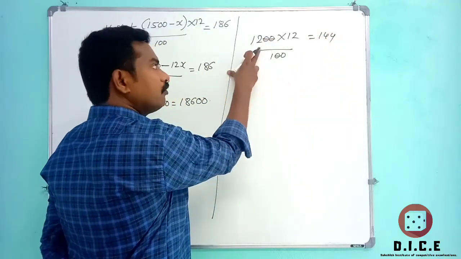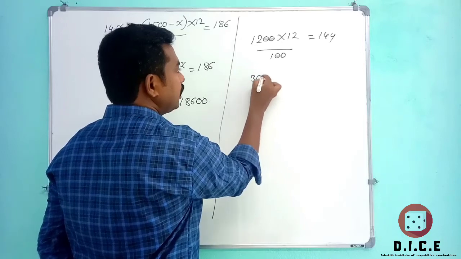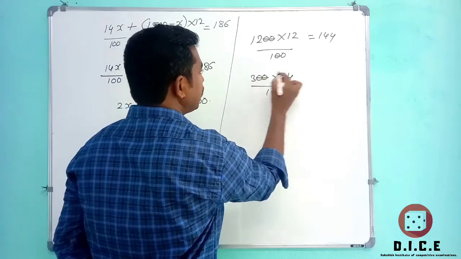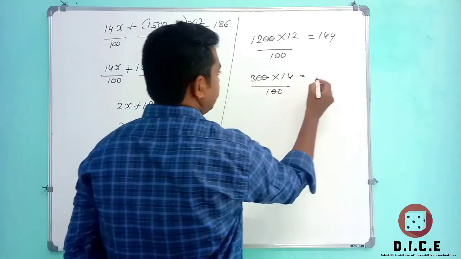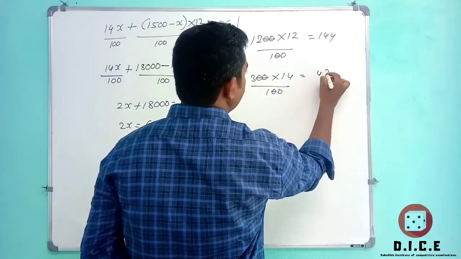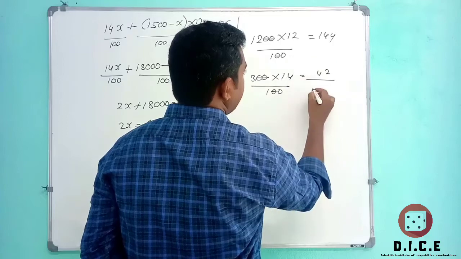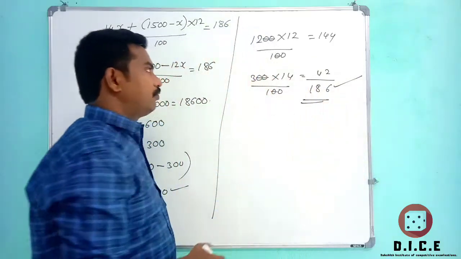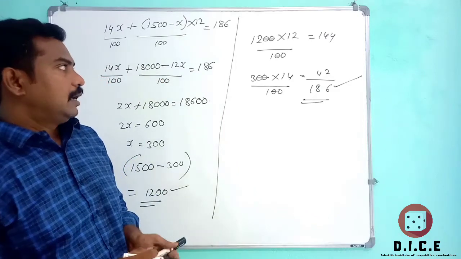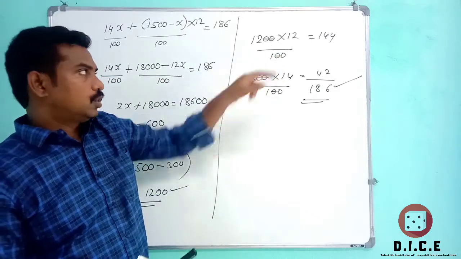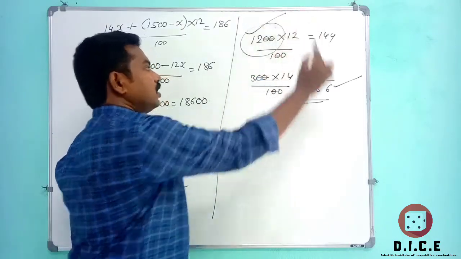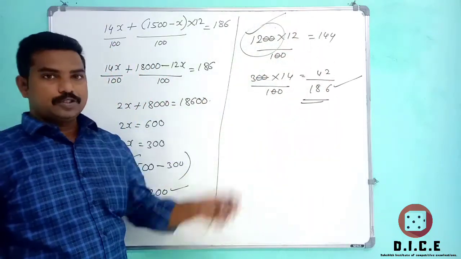Then 1500 minus 1200 is 300, and 300 at 14%, the zeros cancel, and 3 fours are 12, that is nothing but 42. If you add 144 and 42, you get 186, since the interest is for 1 year. So it matches by taking the option. Our answer is 1200 rupees directly through the options.